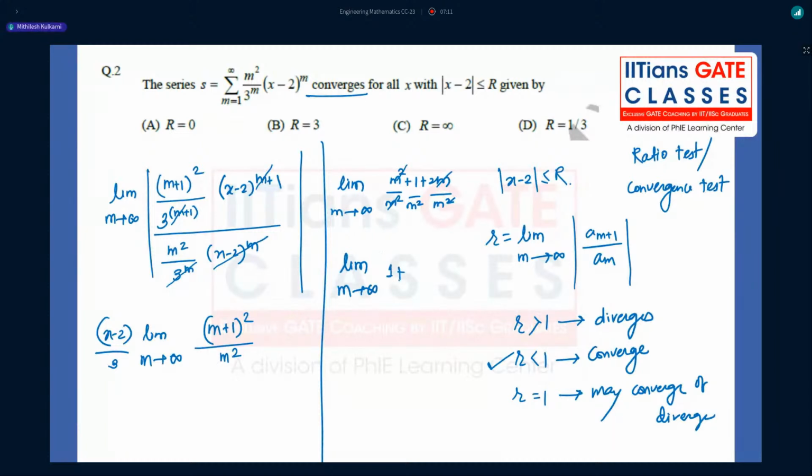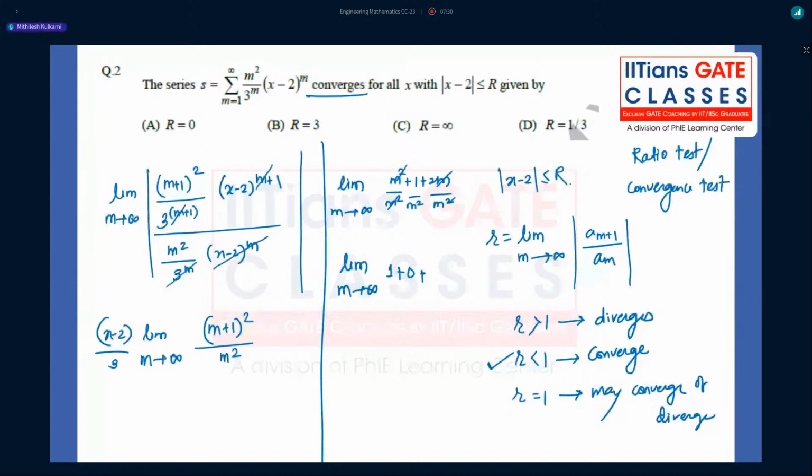Then 1 upon m square: if m is infinity, 1 upon infinity will be 0. Plus 2 by m: again, 2 by infinity is 0. So again, you will get 0 here.